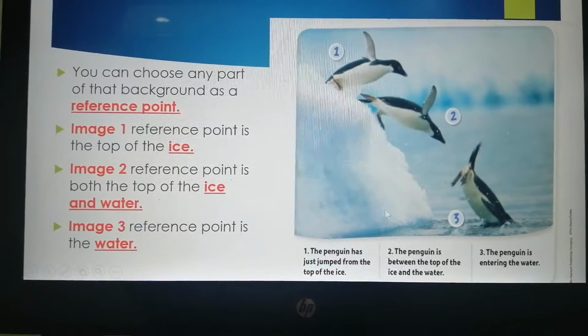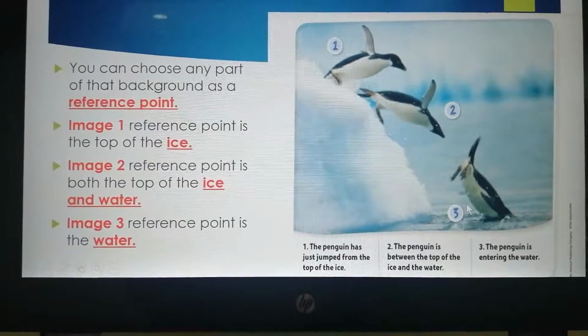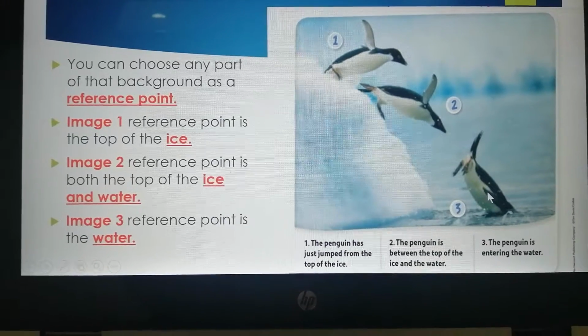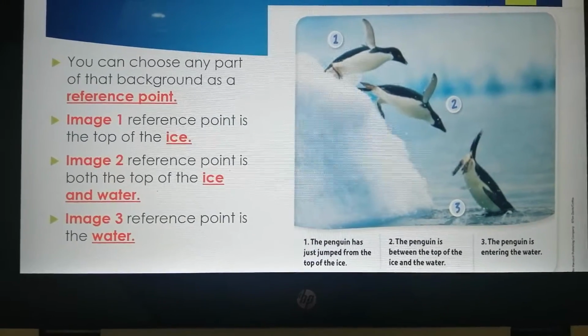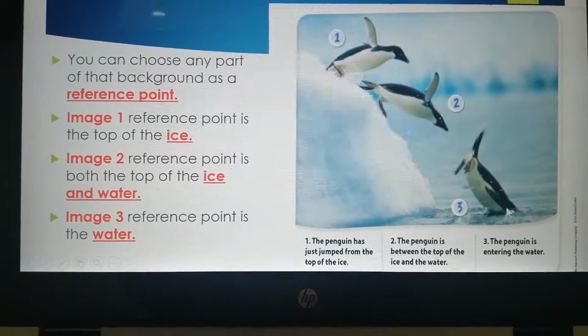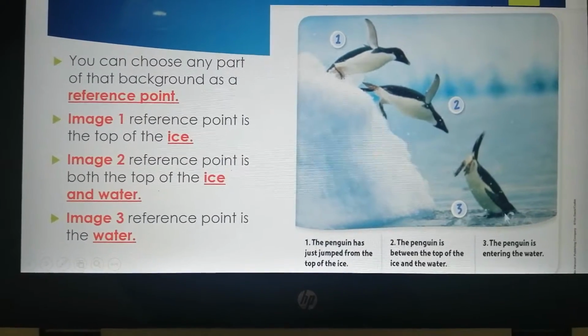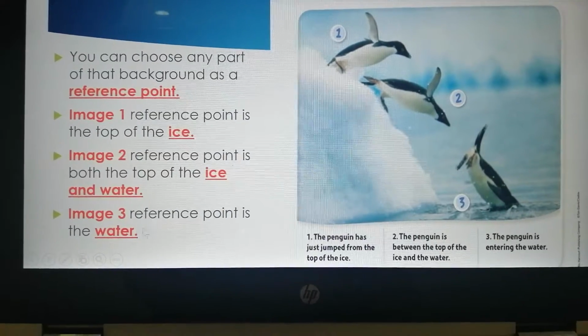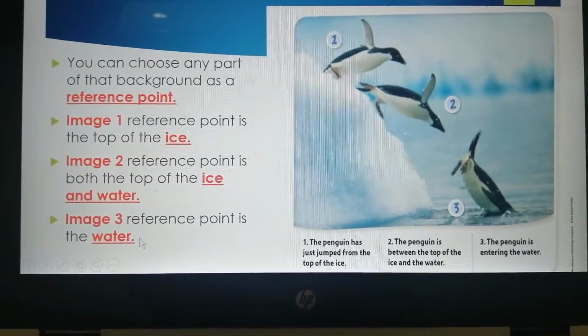What about image 3? Look here, the penguin is entering the water. What is the second object that I related the penguin to? I said the penguin is entering the water. So the second object is the water. So the reference point is the water.